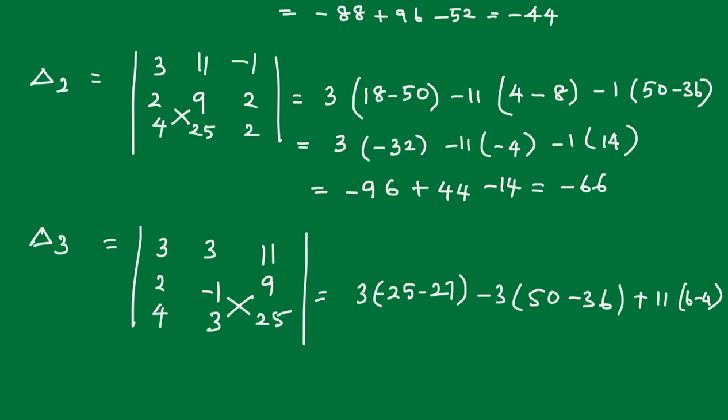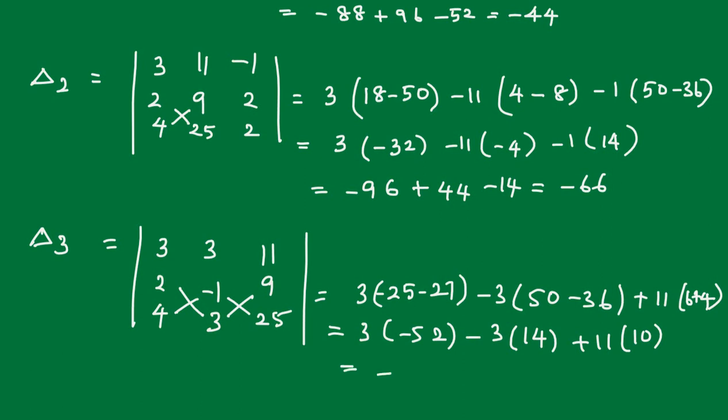So now this is equal to 3 into minus 52, minus 3 into 14, plus 11 into 3 into 2 is 6, minus of minus 4 gives us 6 plus 4, which is 10.